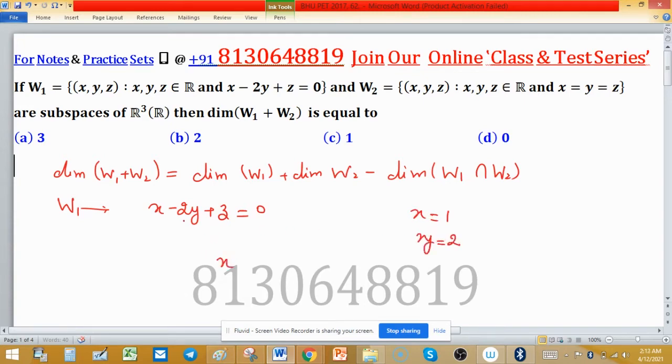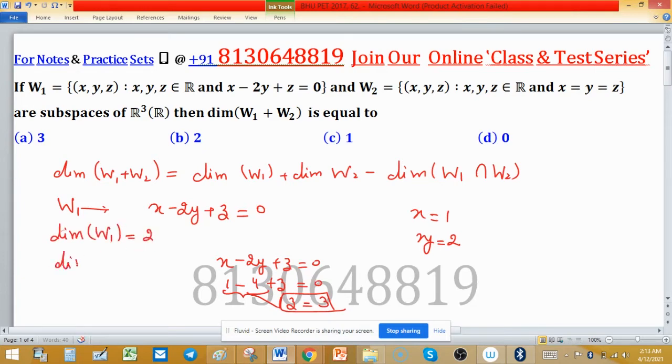Then using the condition, 1 minus 4 plus z is equal to 0, so the value of z is 3. If you pick any two entries, the third will depend on them, so there are only two free variables, so the dimension of W1 is 2.